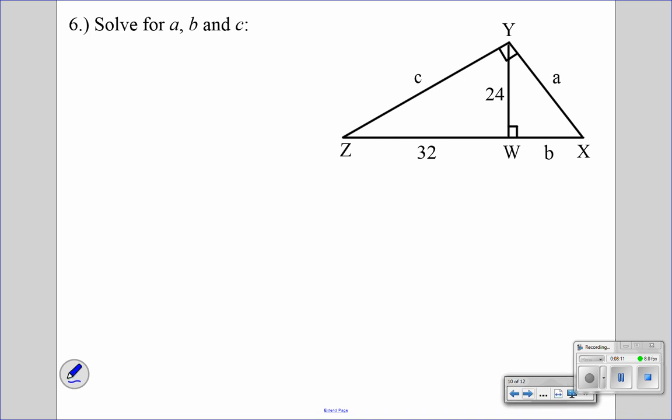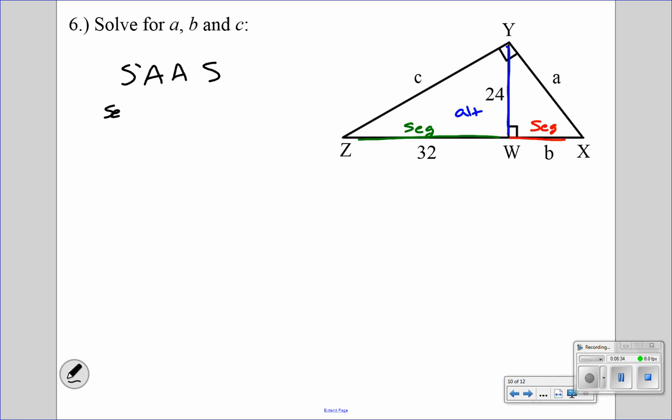This triangle calls us to solve for 3 things. We have our altitude, which is 24, and we have a segment, 32. We're going to solve for B first. We're going to look for our other segment. So we're going to use SAS.